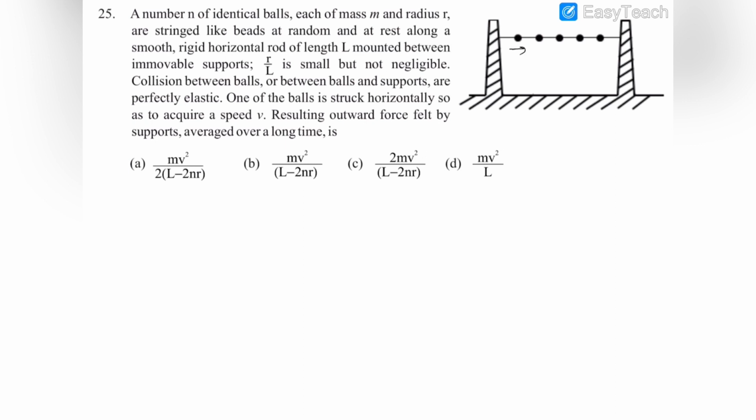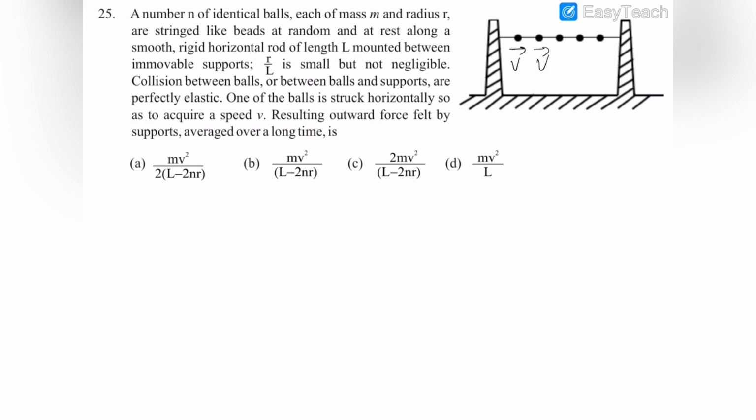So if any one ball is given some velocity v, then the other ball will also move after collision with velocity v, and the previous ball would come to rest. In a similar way, the ball which hits the support is also moving with velocity v just before hitting, and therefore after hitting the support it would rebound back with velocity v.